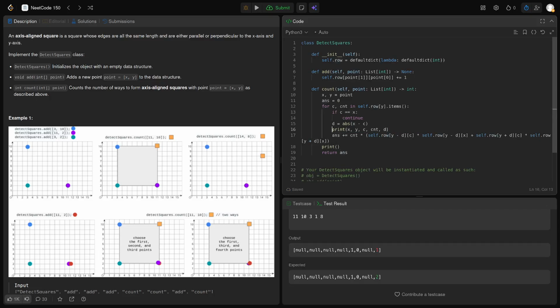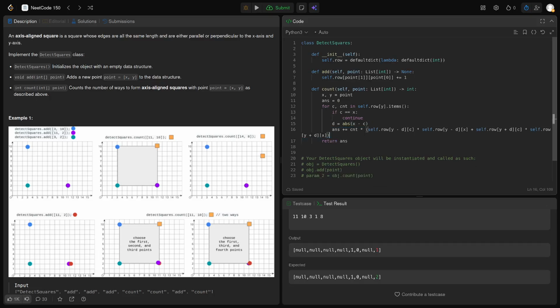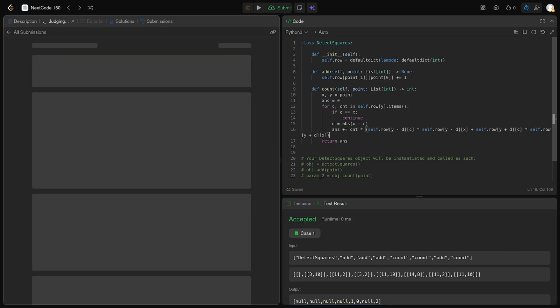I can remove this and this and this, and it should work.